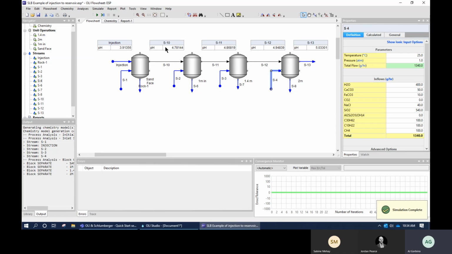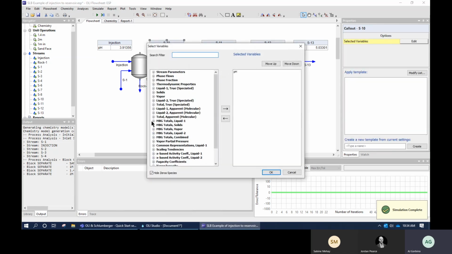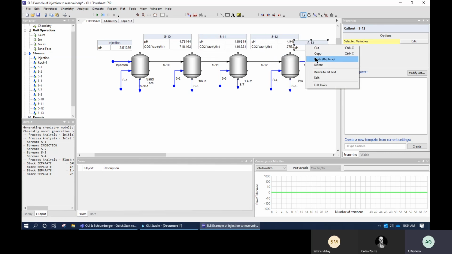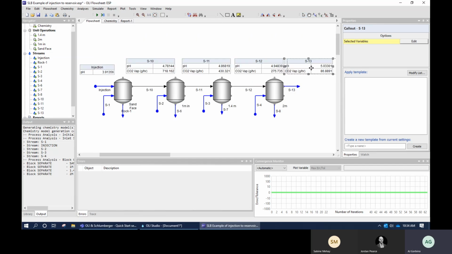Okay, now I'm going to plot, how should we do this? Maybe the partial pressure of CO2 in the vapor phase. Yeah, let's just do it that way, CO2 vapor. Okay, so this isn't exactly true to mass balance.